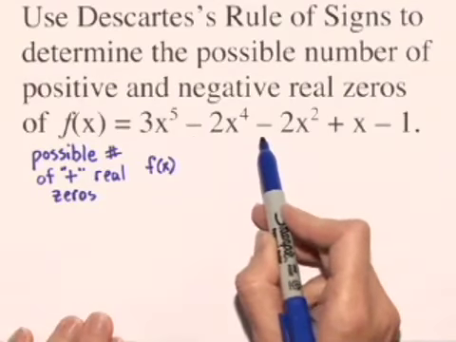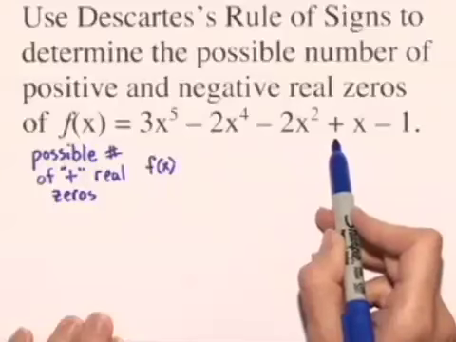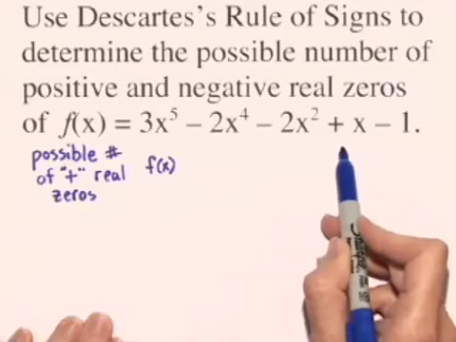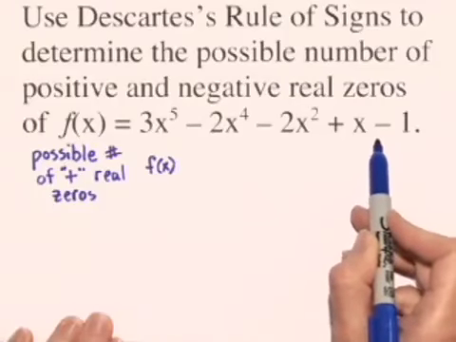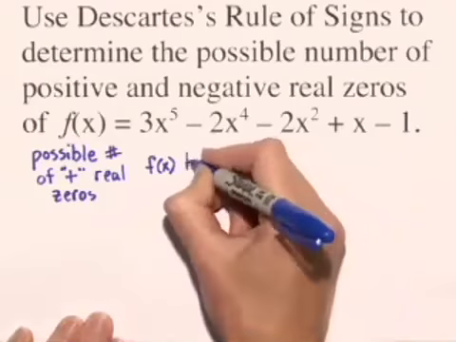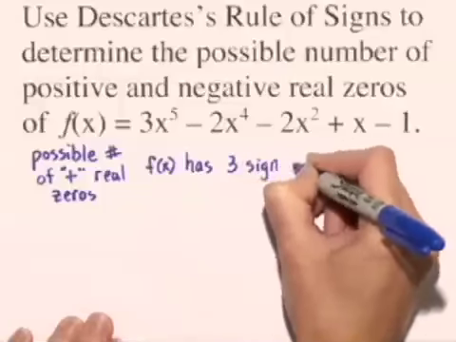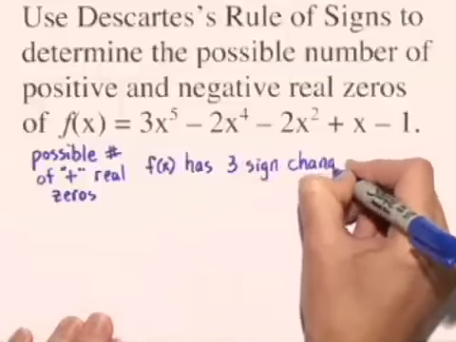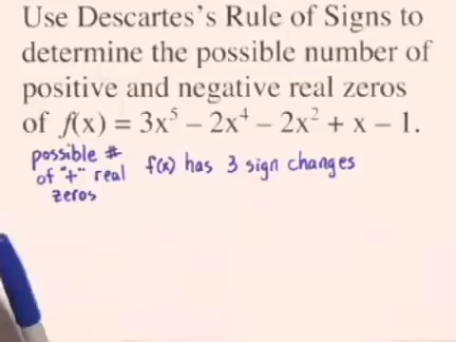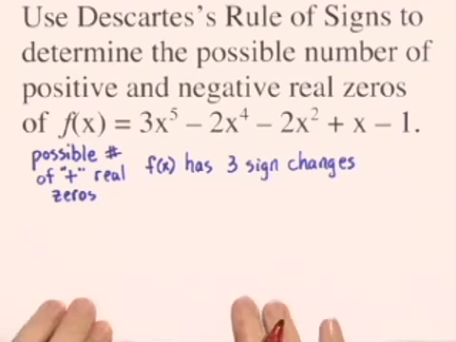It's still negative, then it becomes positive, that's two sign changes, and then it becomes negative. So that's a total of 3 sign changes. After we determine the number of sign changes of f of x, we can now state the number of possible positive real zeros.